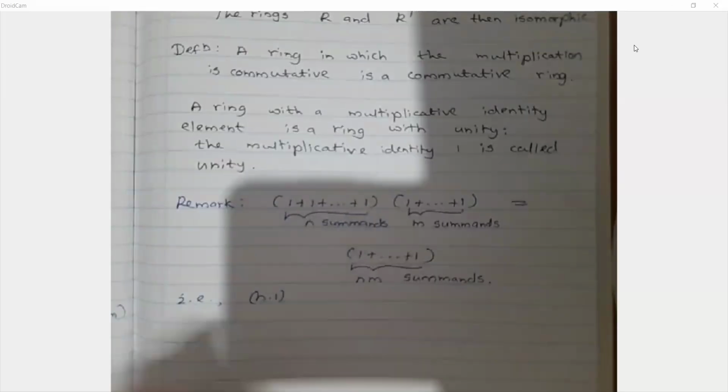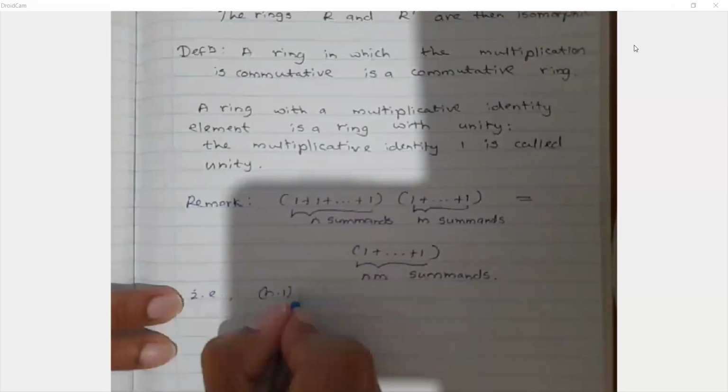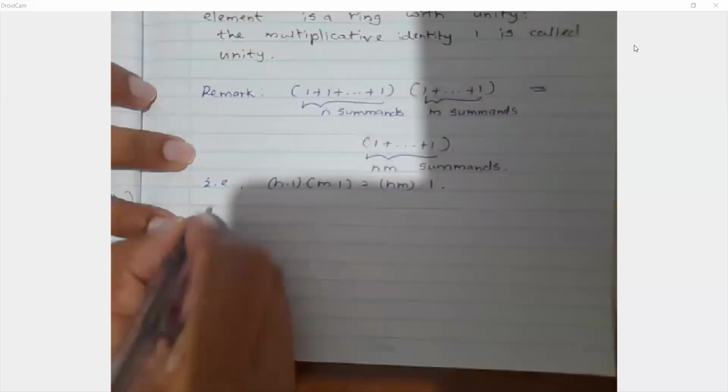You add 1 n times. So n times 1. This is the multiplication that is defined over some group. So when I say n times 1, I'm referring to that multiplication. n times 1 times m times 1 is equal to nm times 1. Okay, with this remark, we move to the next example.